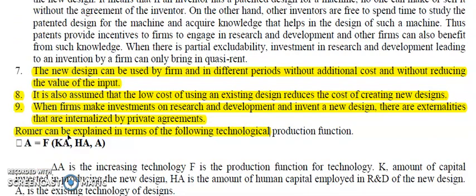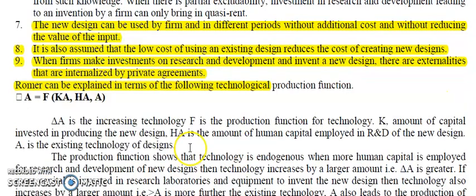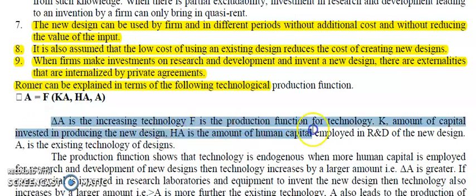Then the Romer model is explained with the help of a production function, delta A equal to F of K_A, H_A and A. Delta A is the increasing technology. F is the production function for technology.